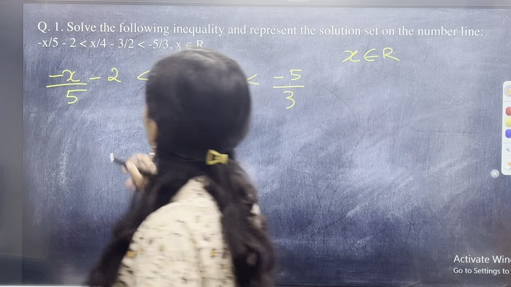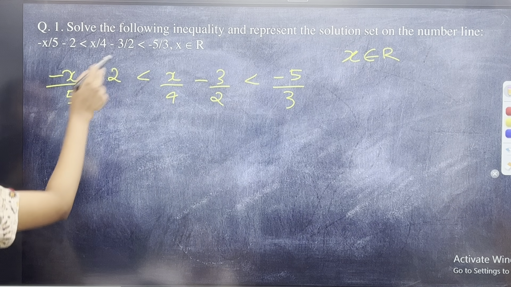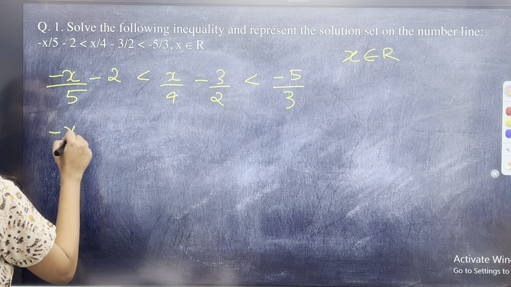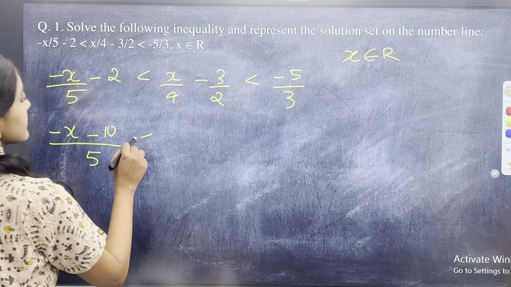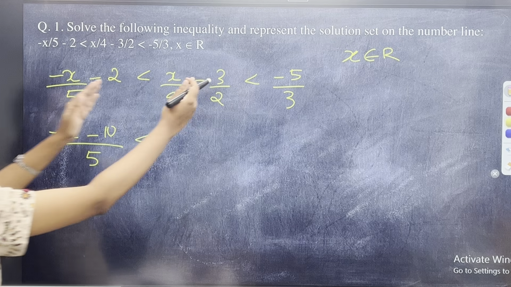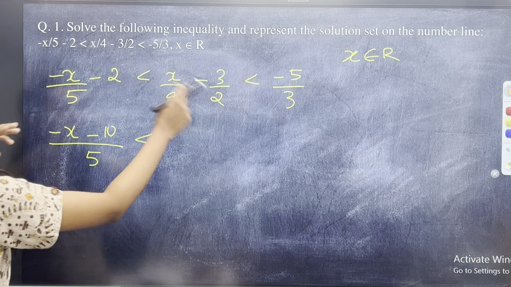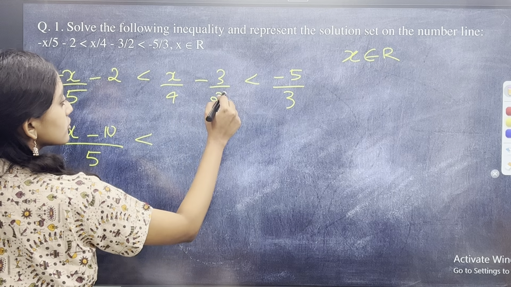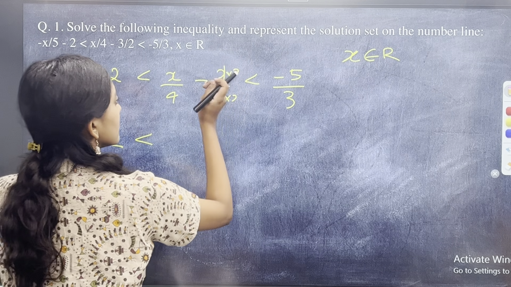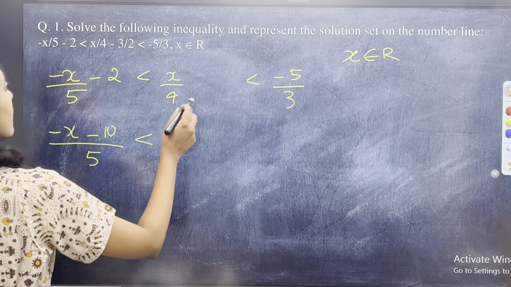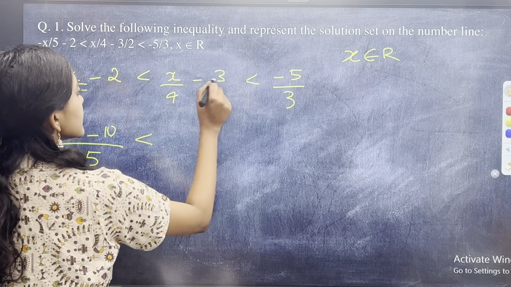Okay, so you have minus x by 5 minus 2, so you do LCM. Minus x minus 10 by 5 is less than, यहाँ पे it's just between the two inequalities, इनका LCM करो. 2x you can also do into 2, but I would rather do the LCM, so that you have one set of things to follow.